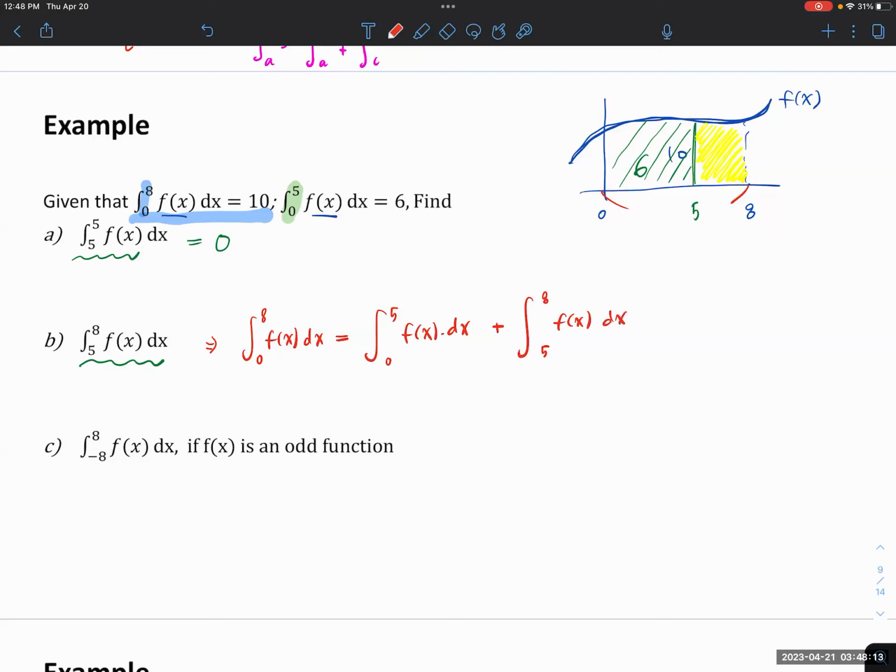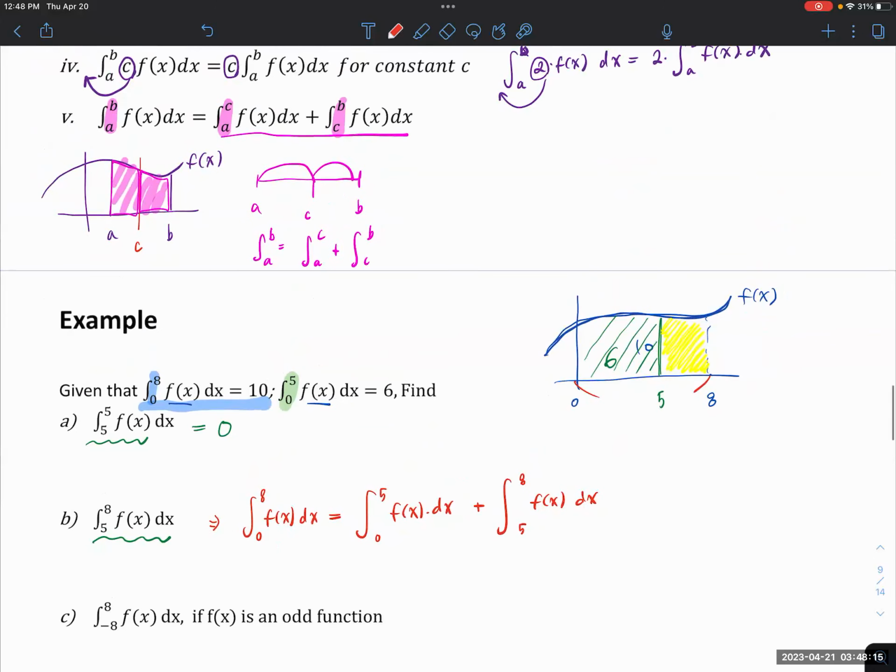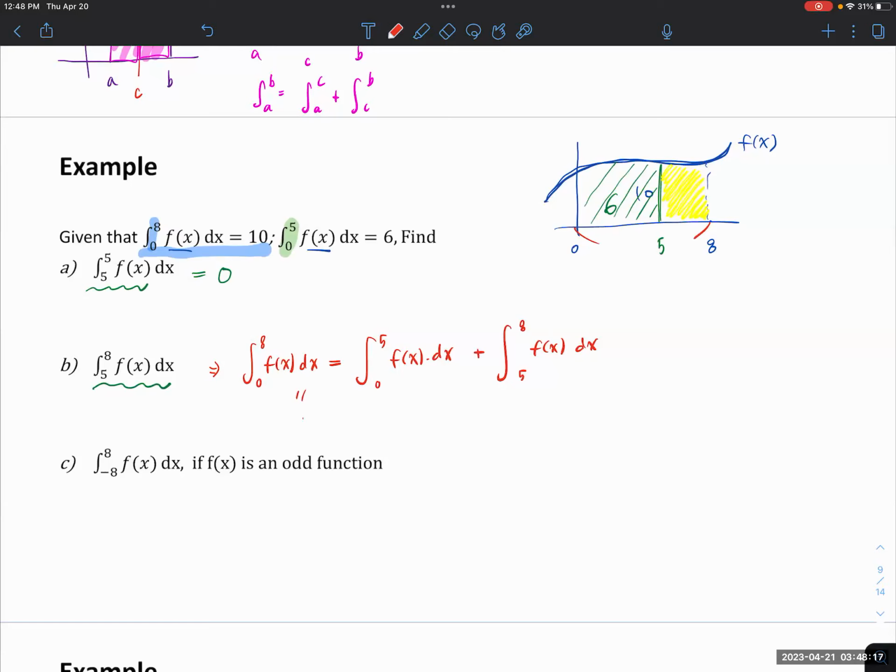This is the last property we just talked about. So this is now 10, and this is now 6. So what would this one be? That's the question mark, correct? Automatically, it should be 4. 10 minus 6 is 4. So that's the answer.